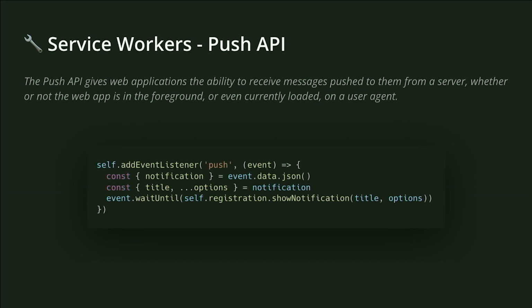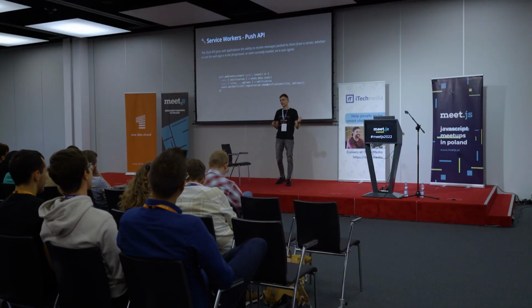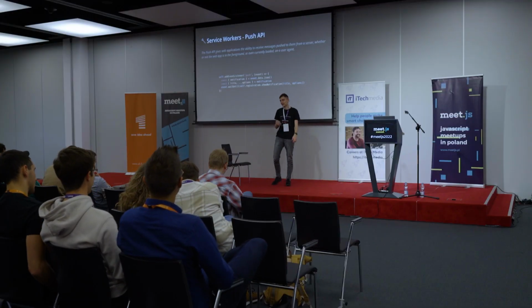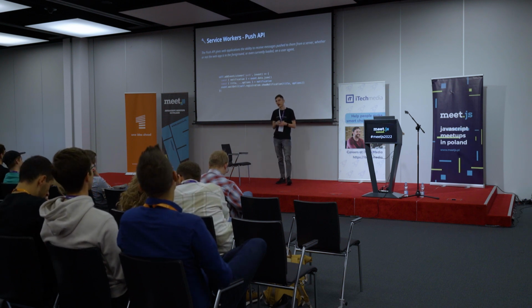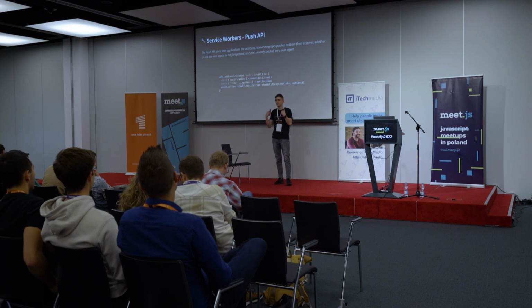And when this call is made, it goes to the push service, as I have shown earlier. And then the push service finds on the internet a proper web browser with the proper service worker instance, and sends this push message to this web browser.